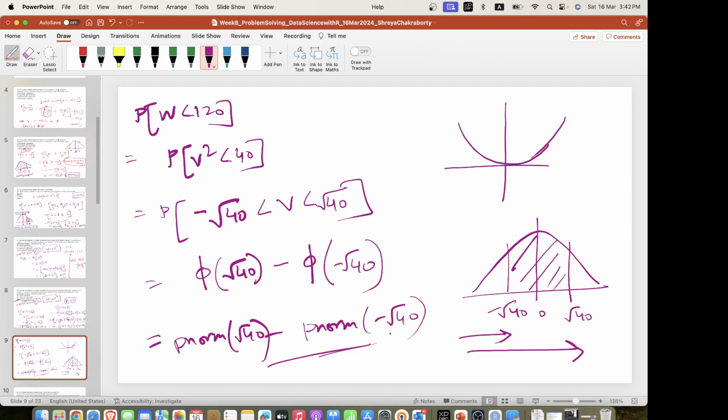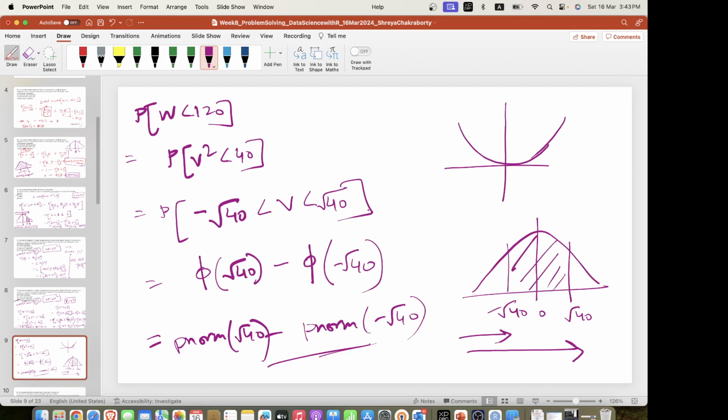Is it okay? We simply applied minus root of 40. There is no need to apply lower dot tail equal to false here, because by default we are getting lower dot tail equal to true, and we are doing a subtraction.